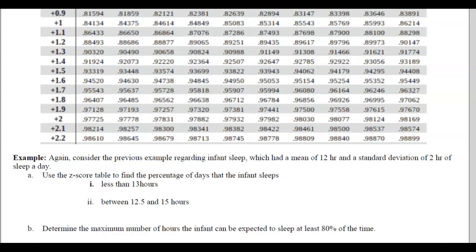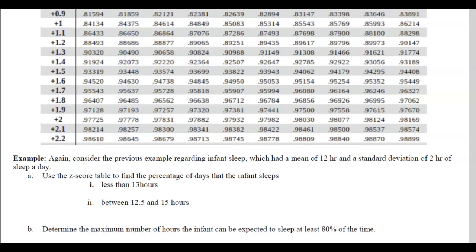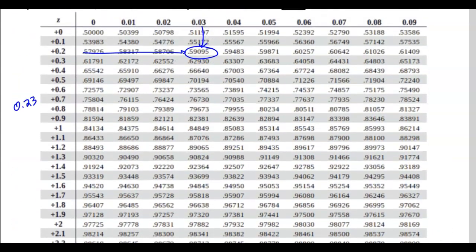Okay, so let's use it for these ones. Again, consider the previous example regarding infant sleep, which had a mean of 12, standard deviation of 2. Use the z-score table to find the percent of days that the infant sleeps less than 13 hours. In this case, we have to convert this to a z-score. Remember, we already did. It was 0.5. So z equals 0.5, no hundredths in that one.